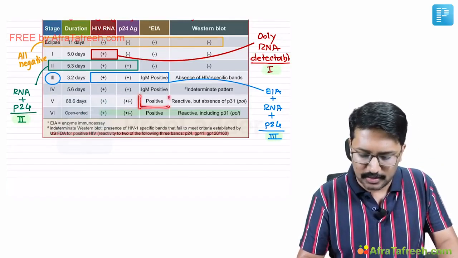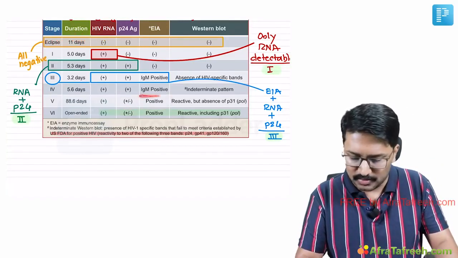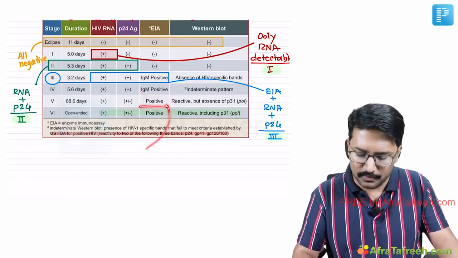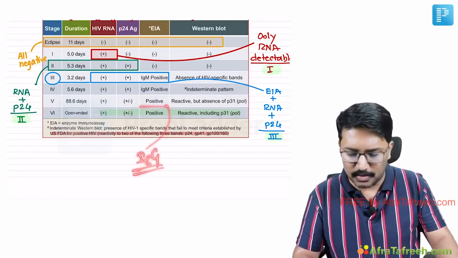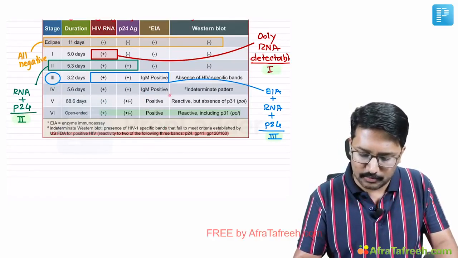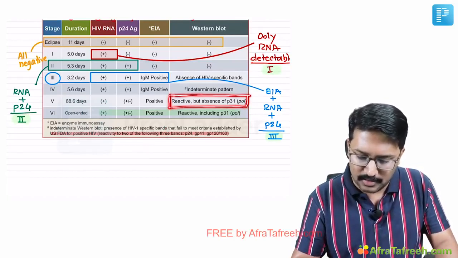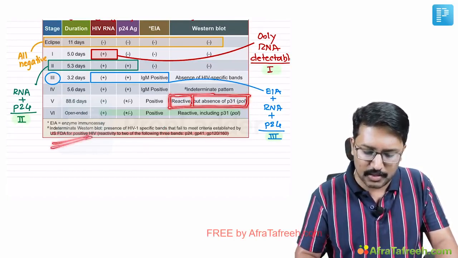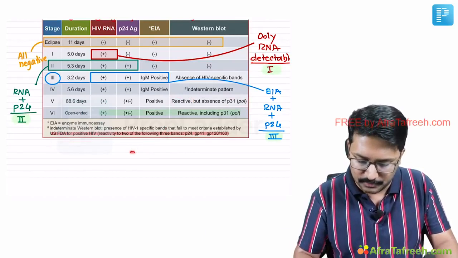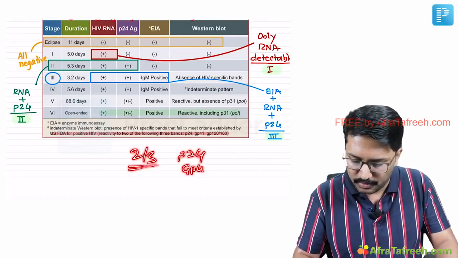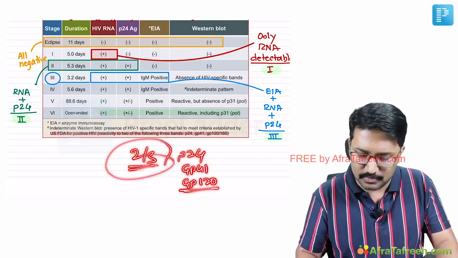Your enzyme immunoassay antibodies are formed and they remain positive, right? Enzyme immunoassay remains positive. At this point of time, there may be IgG antibodies being formed, right? And if you look at the Western blot, it is this phase where it particularly becomes clearly reactive. It satisfies this US FDA method, right? 2 out of these 3 bands for P24, GP41 and GP120, okay, 2 out of these 3 become positive.